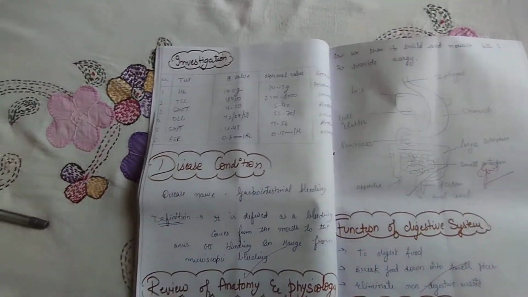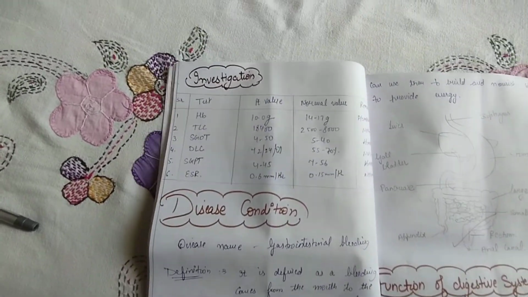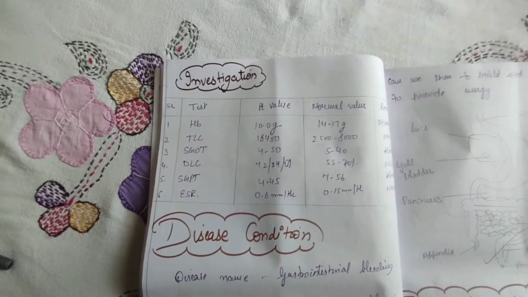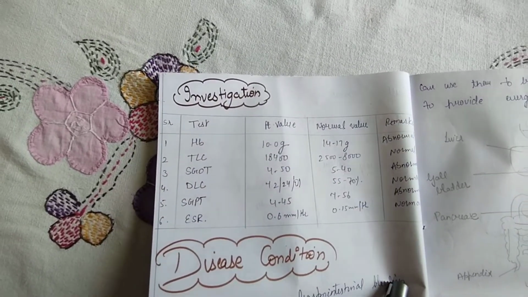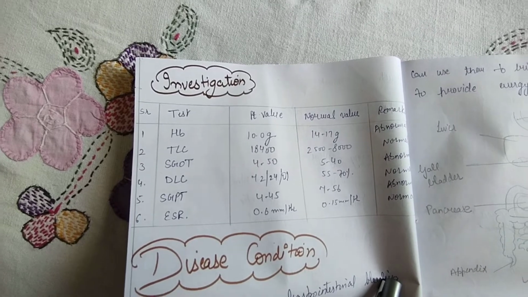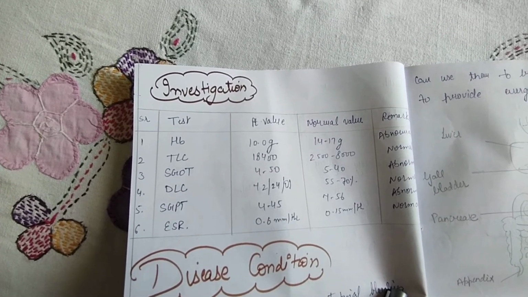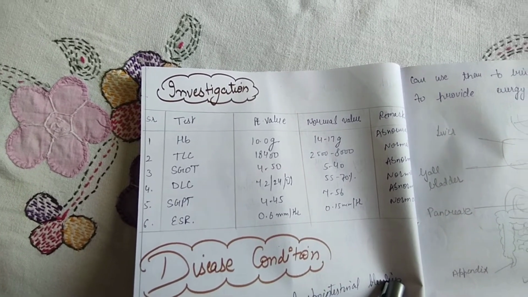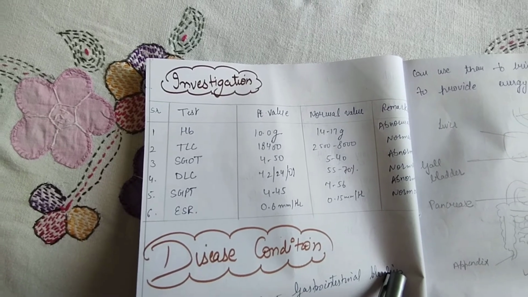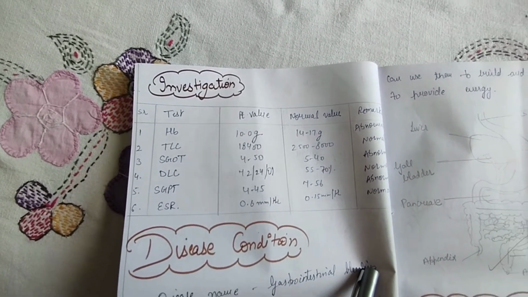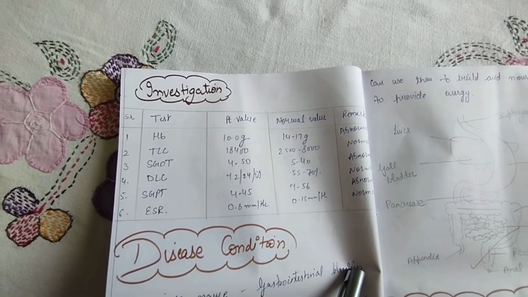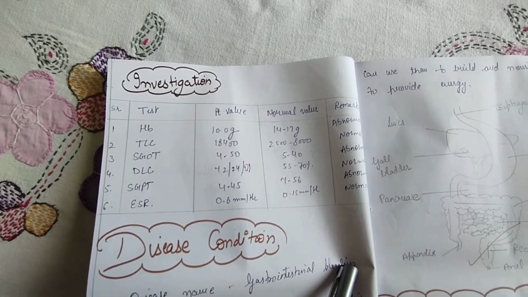Then comes the investigation. Investigation, you can also say as lab investigation, where we can do all the lab tests: HB, hemoglobin test, TLC, SGOT, SGPT, liver tests, and ESR. All these tests should be conducted and noted down, whether in a case presentation or a nursing care plan.